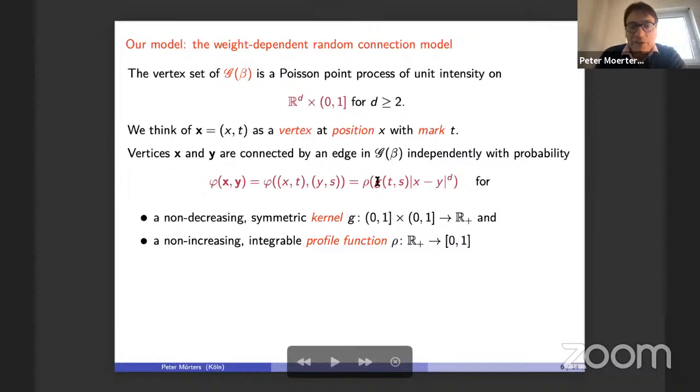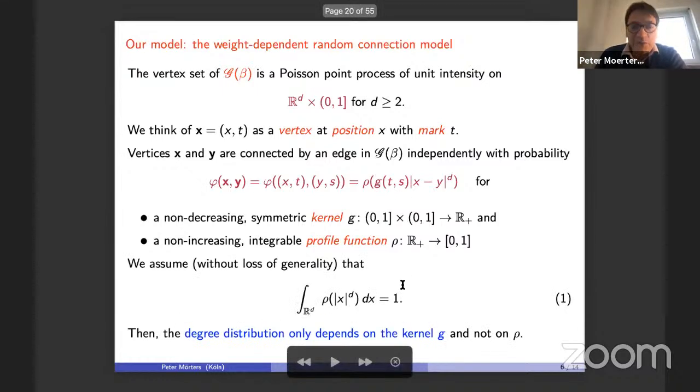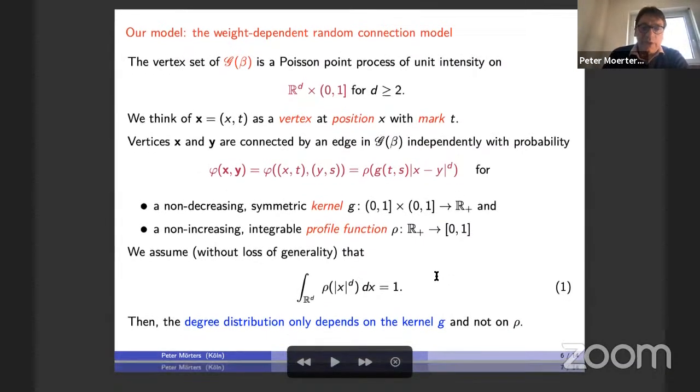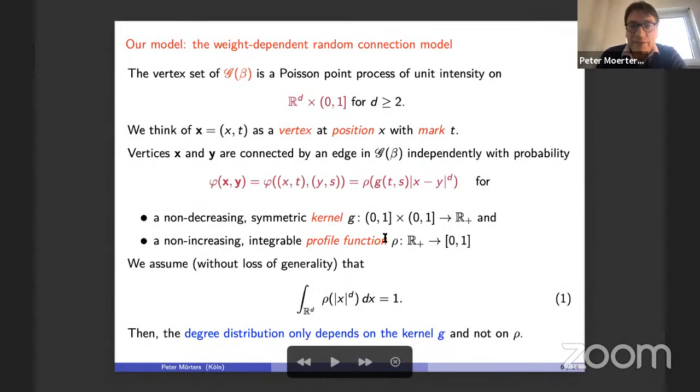So without loss of generality, we can standardize this so that the integral of rho of the norm of x to the power d, which by the integrability assumption should be finite, is actually equal to 1. This is just calibrating the g and the rho.